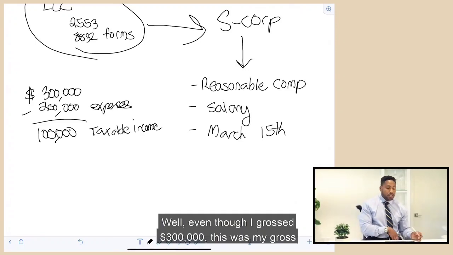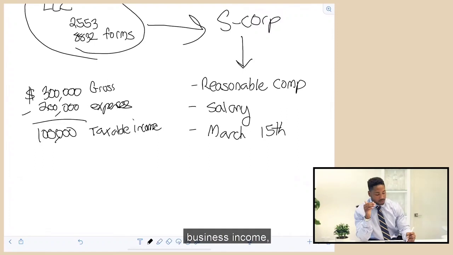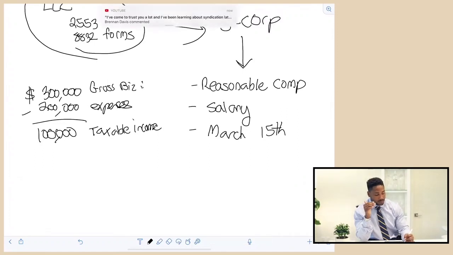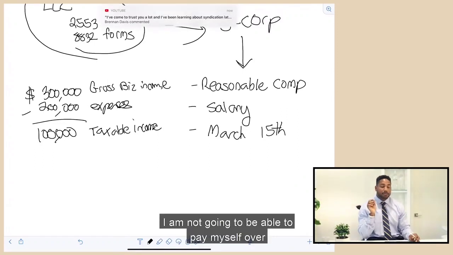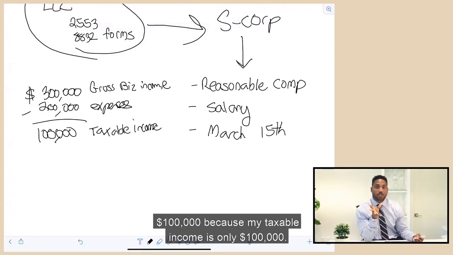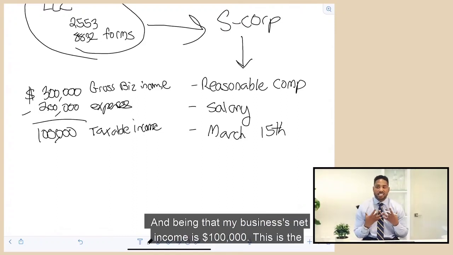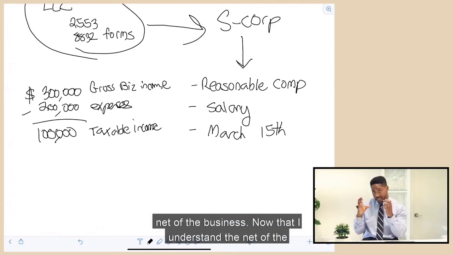Well, even though I grossed $300,000, this was my gross business income, I am not going to be able to pay myself over $100,000 because my taxable income is only $100,000. And being that my business's net income is $100,000, this is the net of the business.